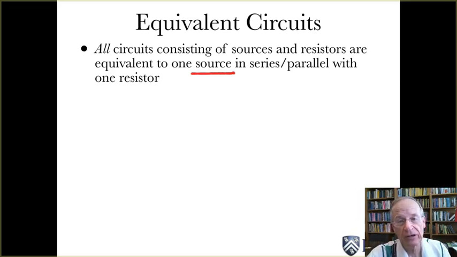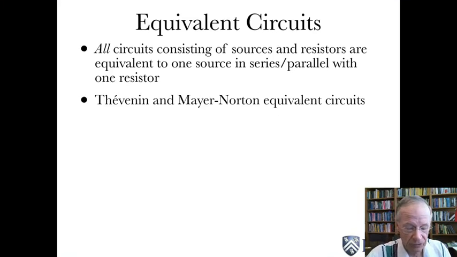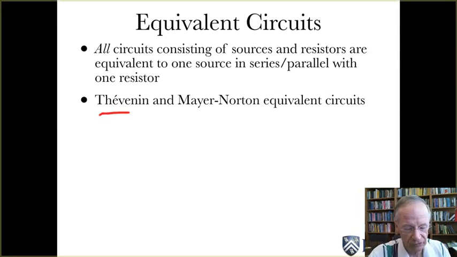No matter how complicated that circuit is, from the point of view of the connection points, the terminals, it is a very, very simple circuit. So that means that we can use either of these equivalent circuits, the Thevenin or Norton form, the voltage source or the current source form, whichever seems to be appropriate, that makes solving the problem easy.